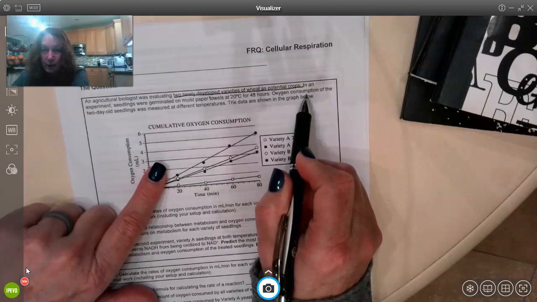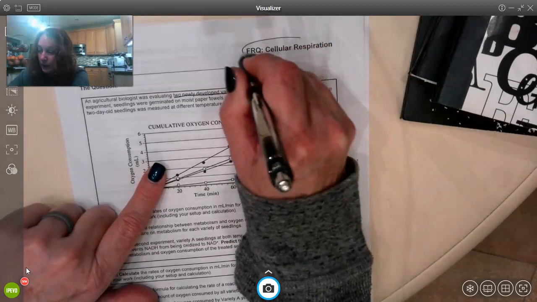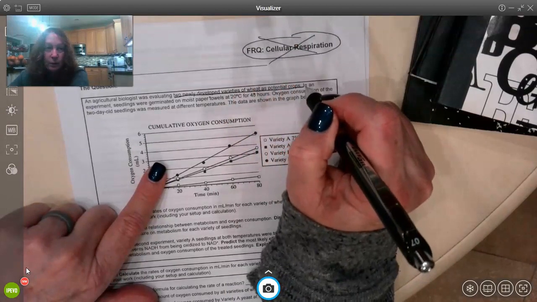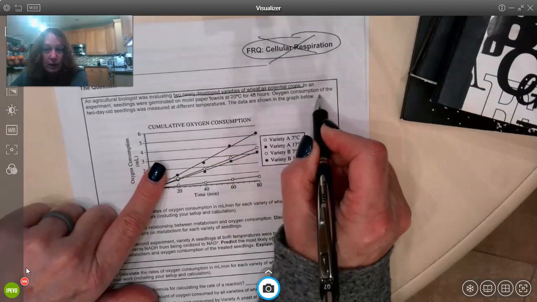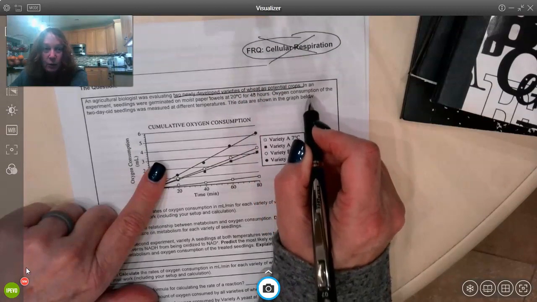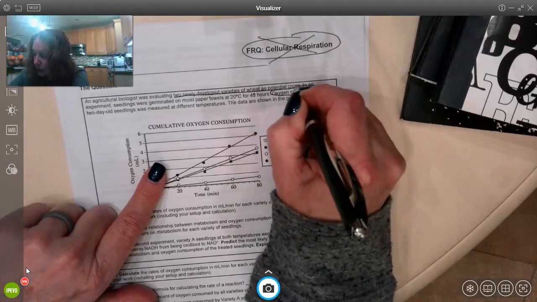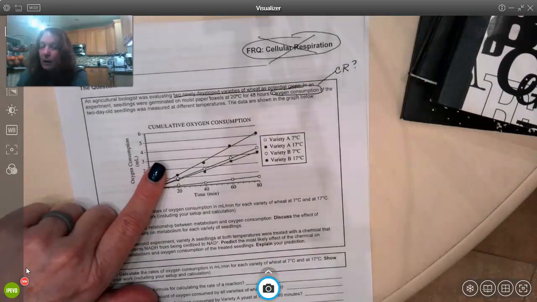Oxygen consumption, so right here, this is the part you need to understand. This is not given to you. The second that you read oxygen consumption, that needs to immediately be circled, and you need to think, hey, are we talking cellular respiration here?